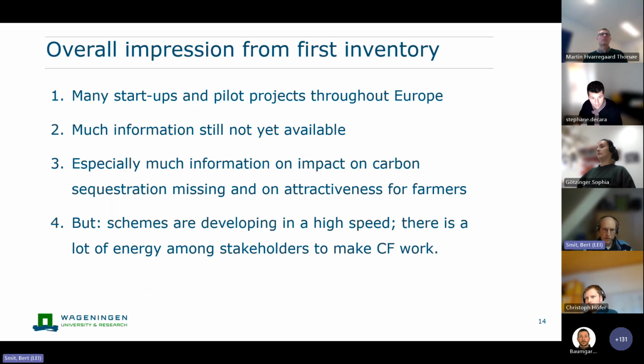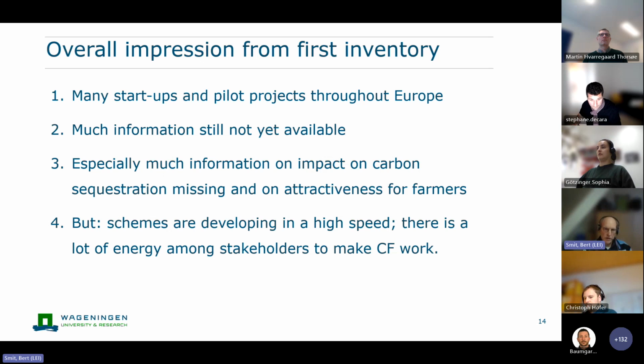So the overall impression from our first inventory is that there are many startups and pilot projects throughout Europe. However, in the official documents in the outside world, so the websites and so on, there's still much information not yet available. But that also has to do with the development of those schemes, and we saw that many of them are still in the concept phase.